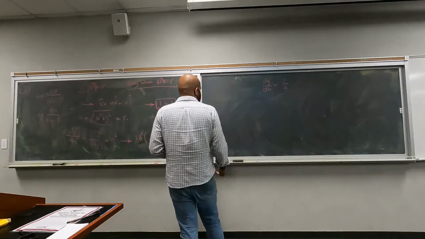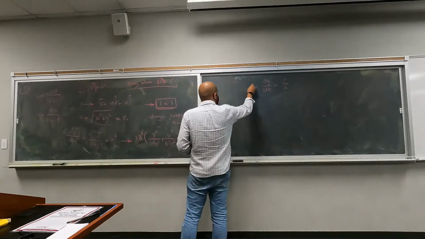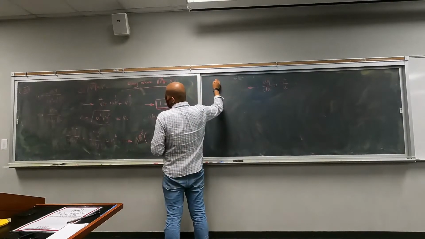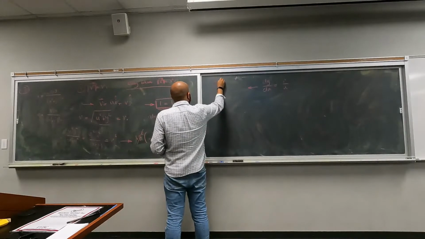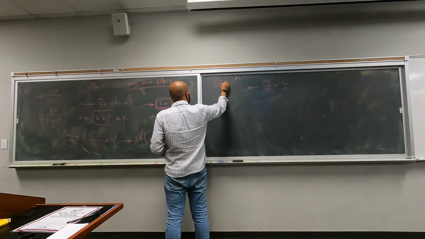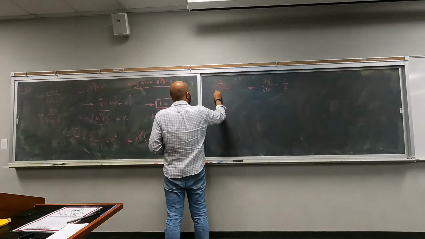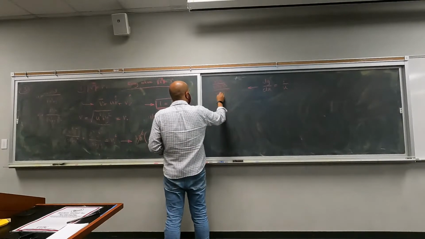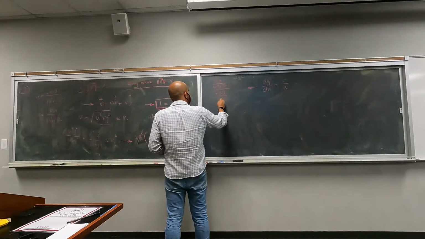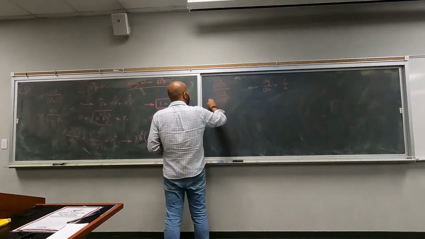Just plug in the components. V divided by U: we have V naught x divided by (x squared plus y squared) to the power 1/2, divided by negative V naught y divided by (x squared plus y squared) to the power 1/2.